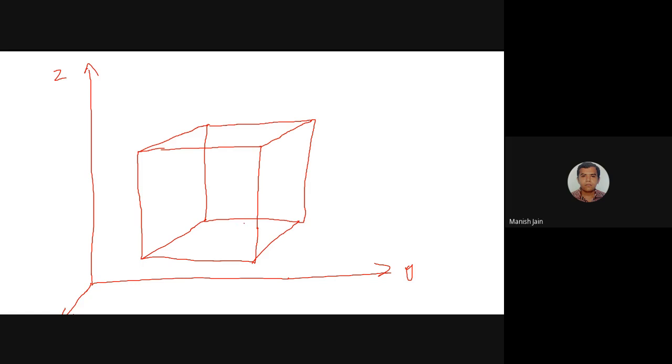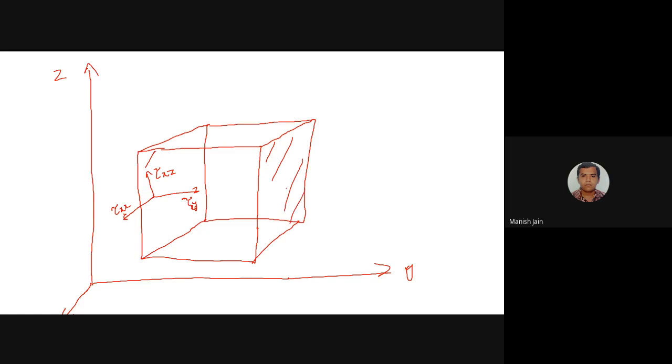So this is the x-directed surface. In the x-directed surface, this is the direction of tau xx, this is the direction of tau xy, and this is the direction of tau xz. All these forces are applied on the x-directed surface. This is the y-directed surface.